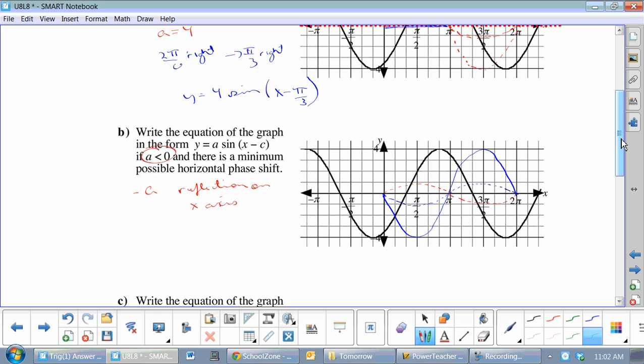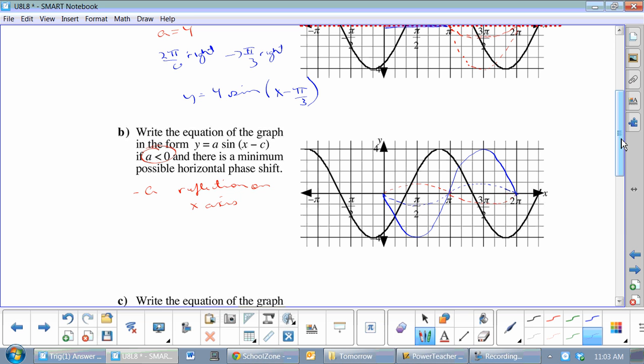Now, the goal is to get, now what happened to get that on top of that final graph? What is it? Yeah, horizontal phase shift. 2 pi over 3?